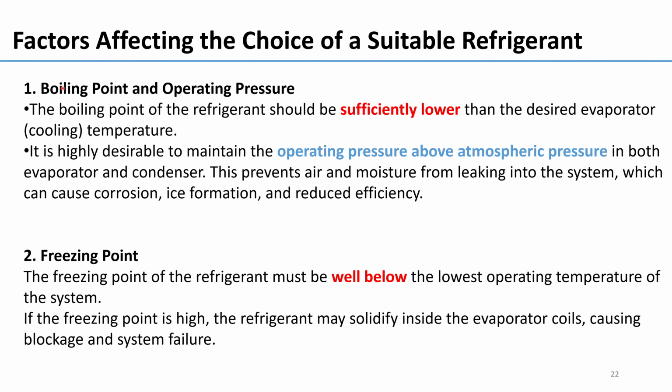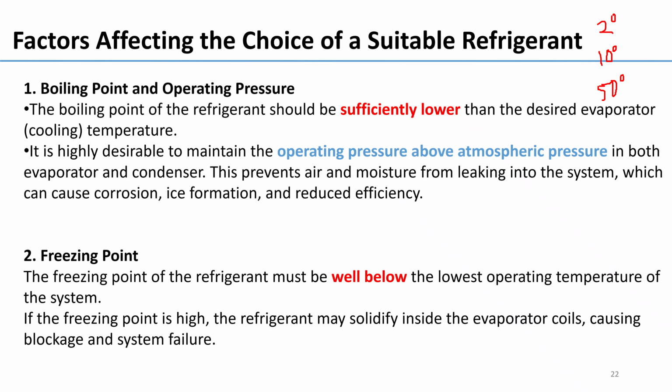Now we'll discuss some factors which affect the choice of a suitable refrigerant. First of all, boiling point. The boiling point of the refrigerant should be sufficiently lower than the desired evaporator temperature. Just think, we have three refrigerants. One has a 50 degrees Celsius boiling point, another has 10 degrees Celsius boiling point, and another has 2 degrees Celsius boiling point.